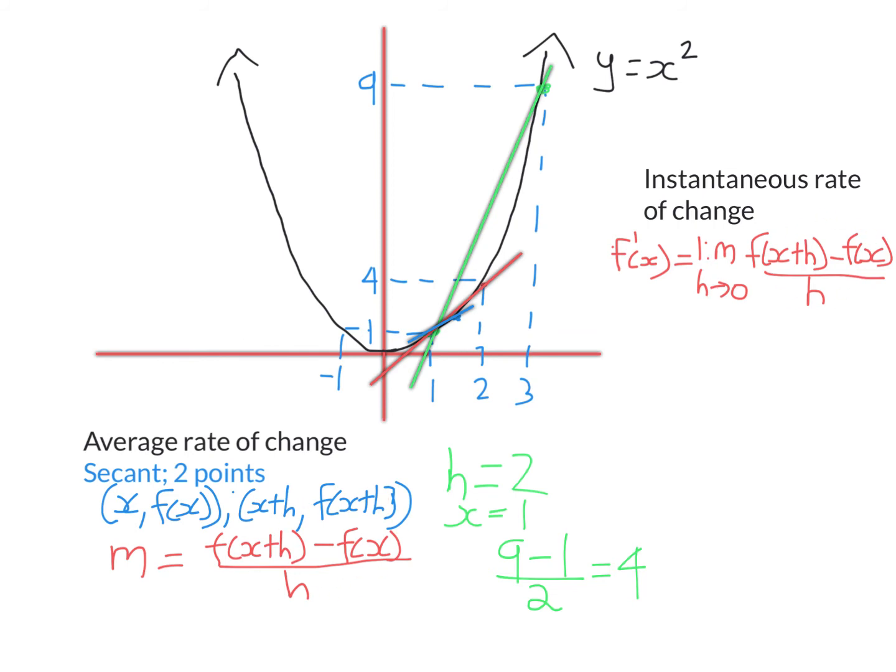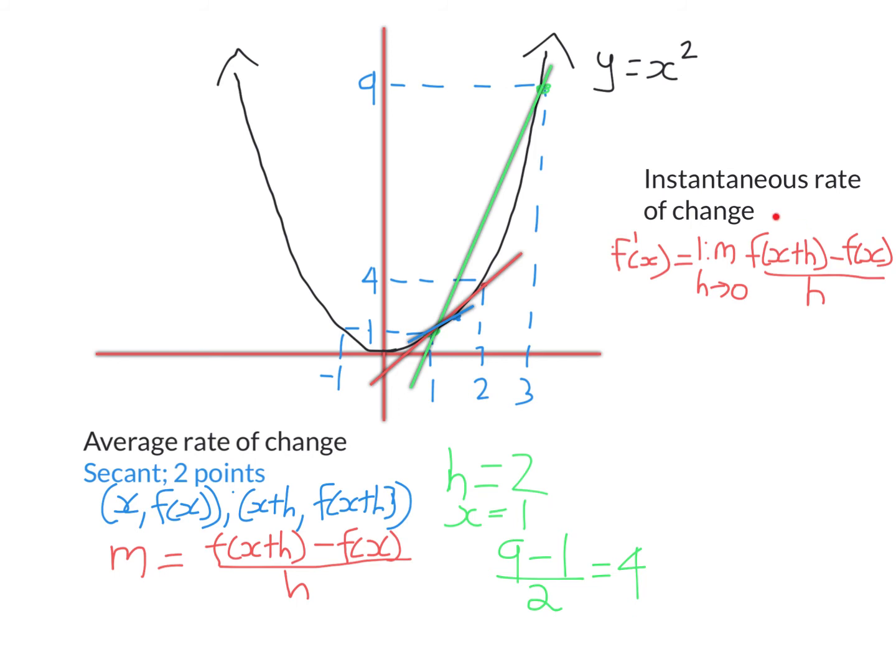But this limit as h approaches 0 says that I'm taking 2 points and making the distance between them so close to 0 that those points are basically 1 point. So if I want to find the instantaneous rate of change, the gradient of the curve at just this point, I pick 2 points that are so close together and I find the gradient of the line between them. Because the points are so close together, this line is becoming a tangent.